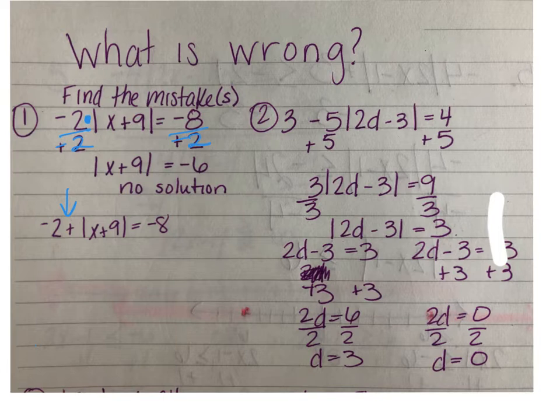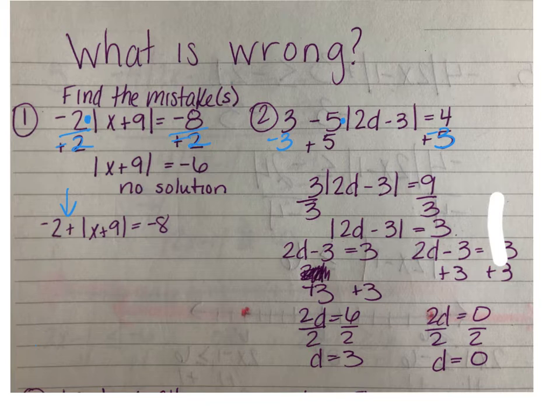Number 2, another same idea. They're adding that 5 when it is actually multiplication. And so the first thing that needs to be done in this problem is subtracting the 3. And this was a problem on our homework. And then dividing by the -5.